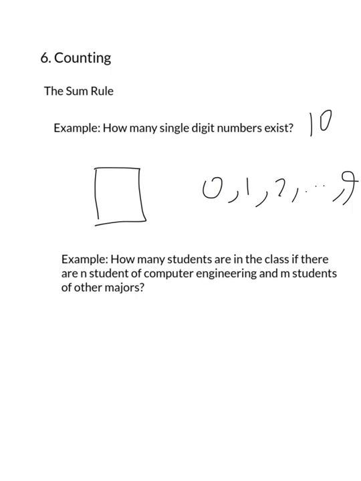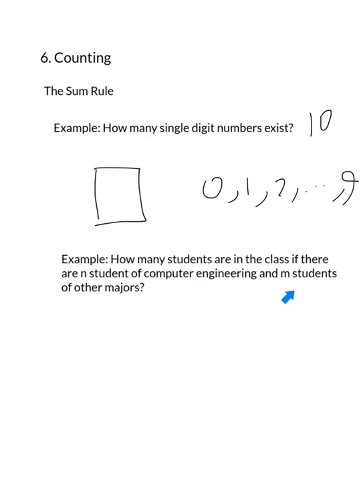Again, the things that we want to count are the students, and we know that there are n students who are computer engineering, and m students of other majors, but these are different from each other because the majors of these m students are not computer engineering.